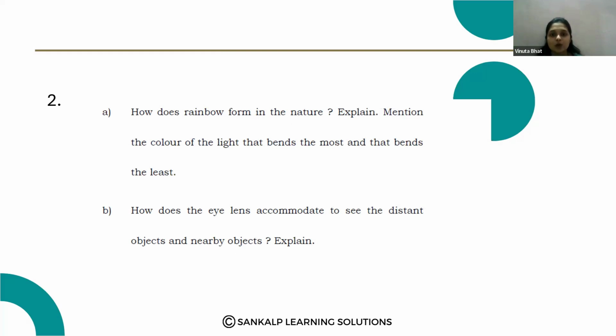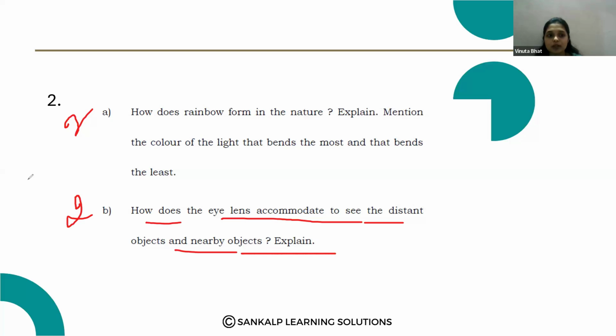That is the same question we discussed in the last question. Explain. Mention the color of light that bends the most and that bends the least. This is for 2 marks. And how does the eye lens accommodate to see distant objects and nearby objects? Explain. That is also a 2-mark question, so that is a total 4-mark question. Please note down the question. This is also a repeated question in the exam.